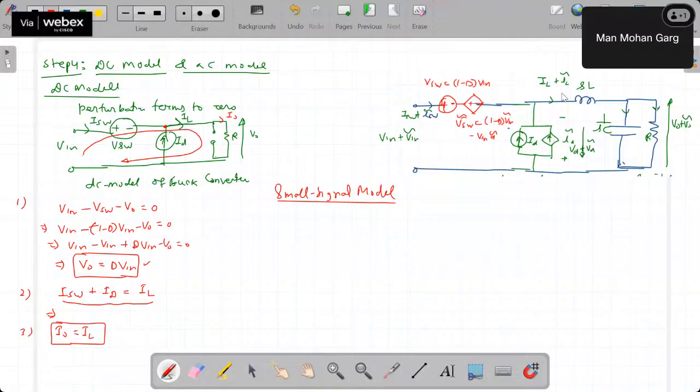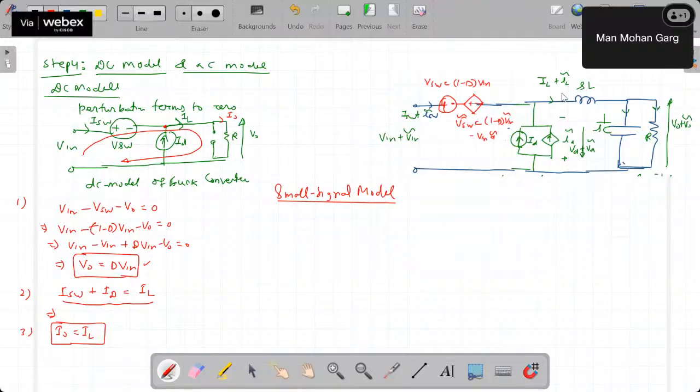for getting the small signal model, we put the DC terms to 0. You start from here. This is V in tilde.